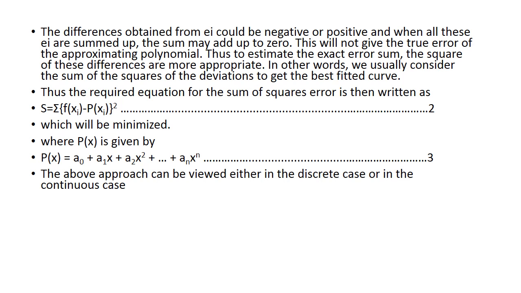Thus, the estimate of the exact error is the sum of the squares of these differences, which is more appropriate. In other words, we usually consider the sum of squares of the deviations to get the fitted curve.